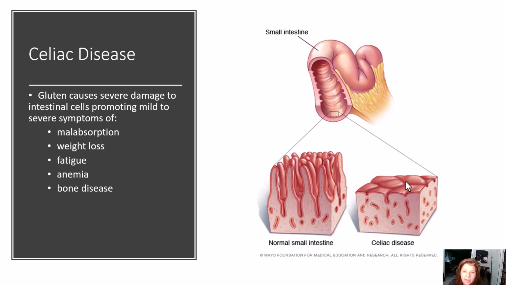The reason why is because there's just not been enough damage to the intestines for us to notice the symptoms. So the symptoms are not fun. You'll find out in a second, and they are just like many of our other lower GI disorders. But the really big thing about celiac disease is that there is damage done to the intestinal tract that causes malabsorption.